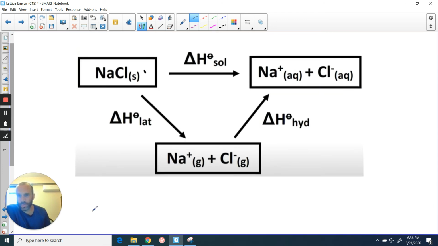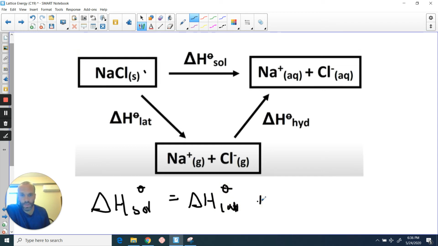So if we write an equation for how we'd calculate it, we could say delta H of solution equals the delta H lattice. Remember, this can be thought of in two ways. Excuse the terrible writing, it's very hard to write with a mouse.